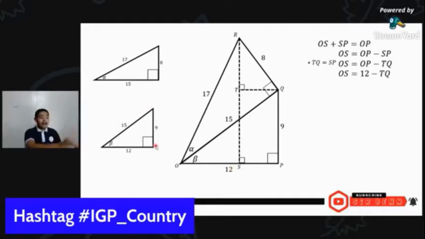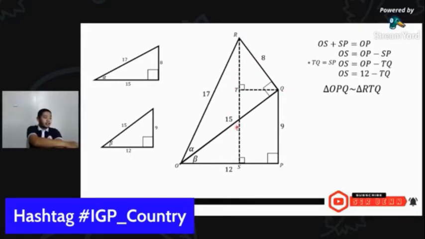Now we can say that triangle OPQ is similar to RTQ. Why? Definition of similar triangles: two triangles are similar if their corresponding angles are congruent and their corresponding sides are proportional. Now, look at this triangle. OPQ, the bigger triangle, is similar to RTQ, this triangle. How are they similar?